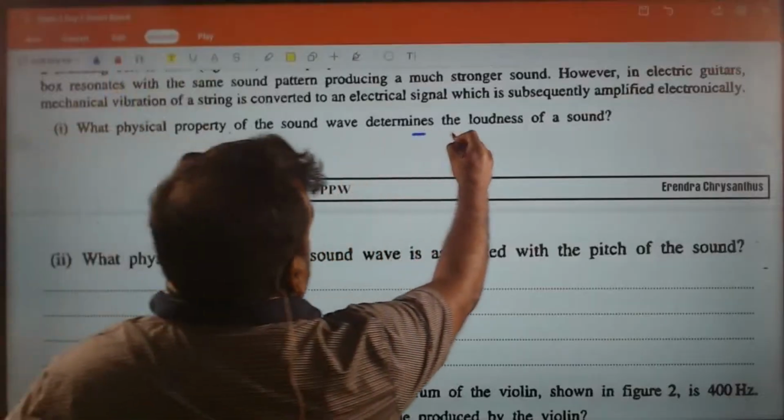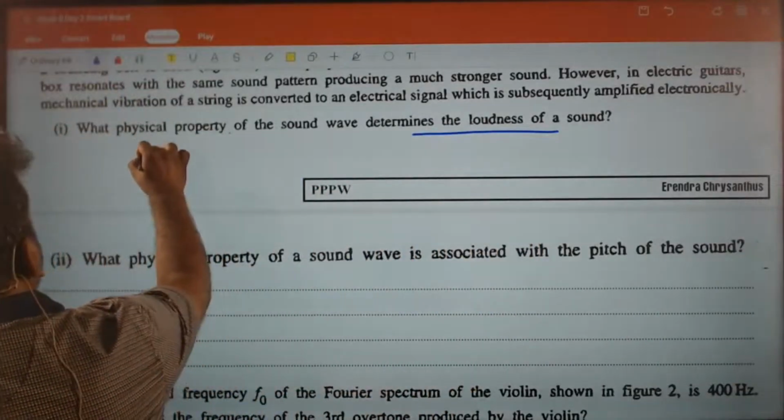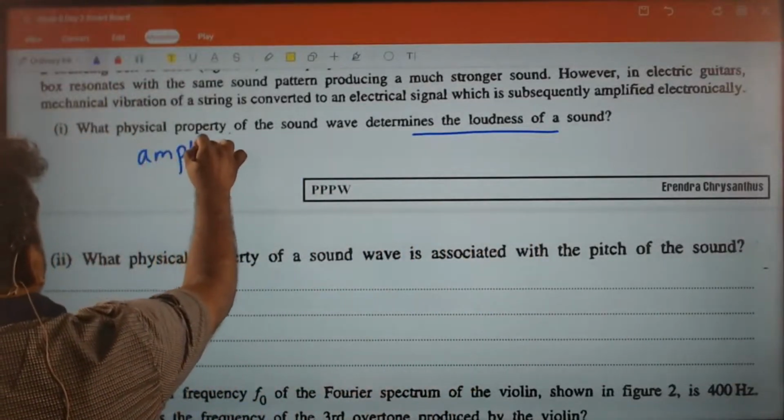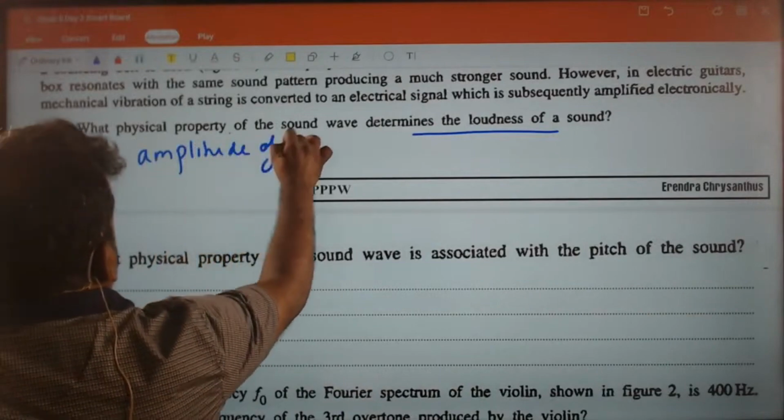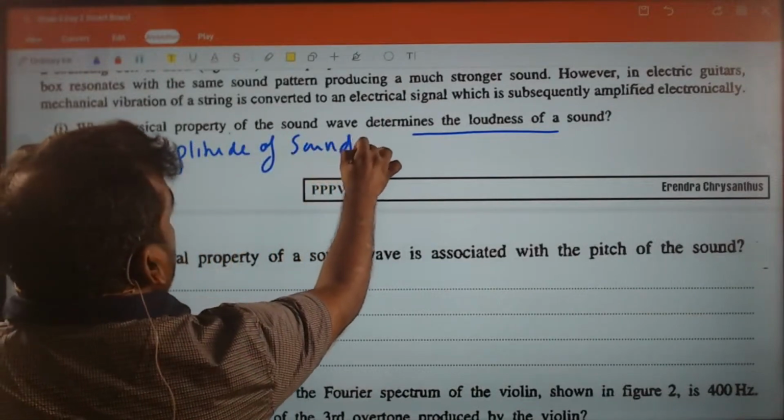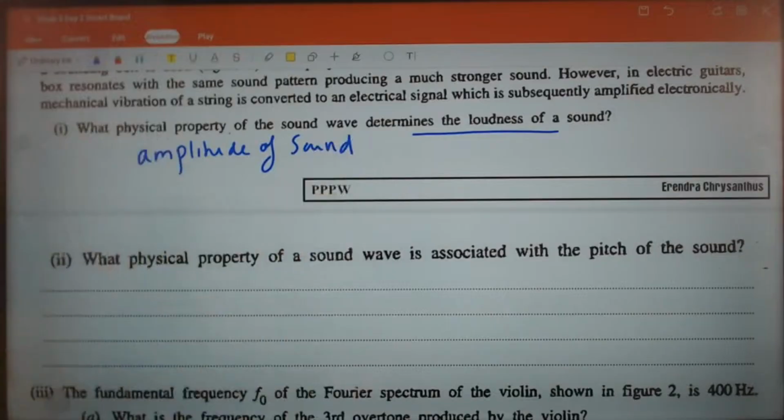So loudness depends on the amplitude of sound. The larger the amplitude, the greater the loudness.